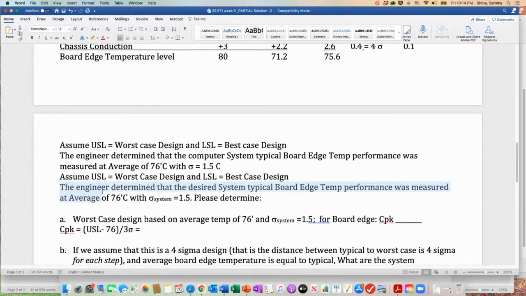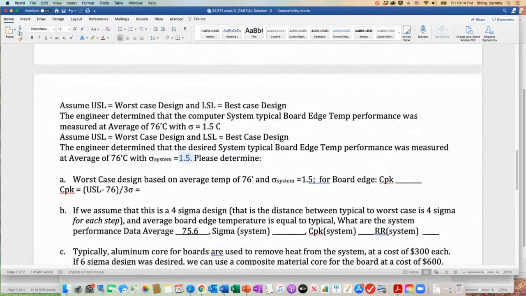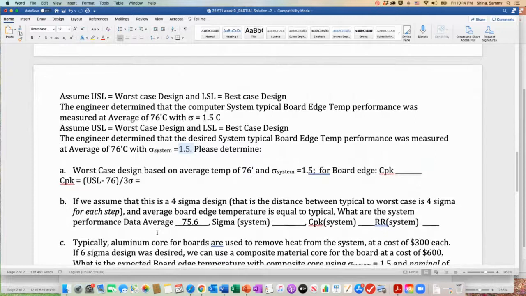Said the engineer determines that the desired system typical board edge temperature performance was 76 with a sigma of the system of 1.5. So A, given that they have 76 and the sigma of the system is 1.5, what is the worst case design?